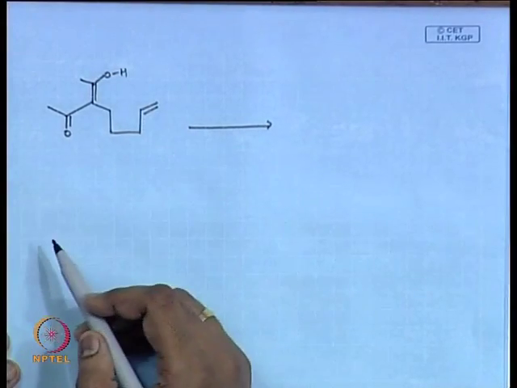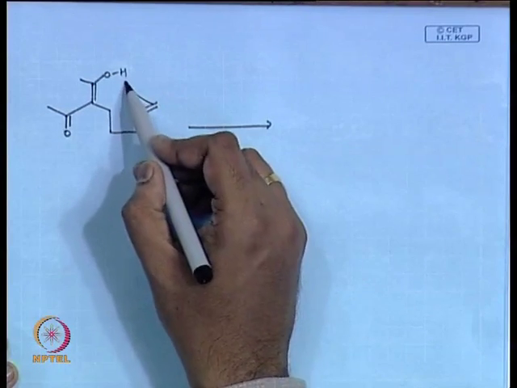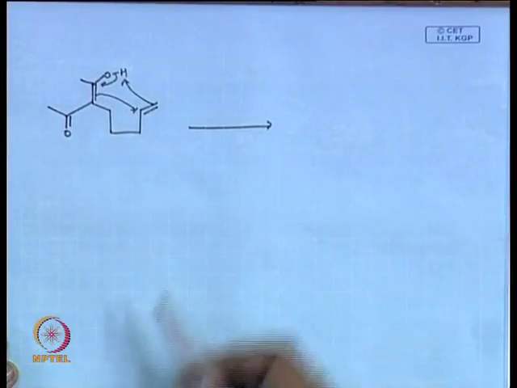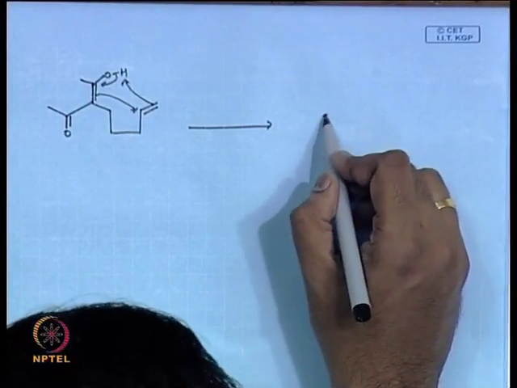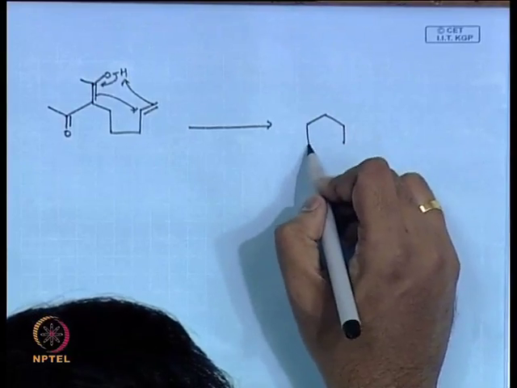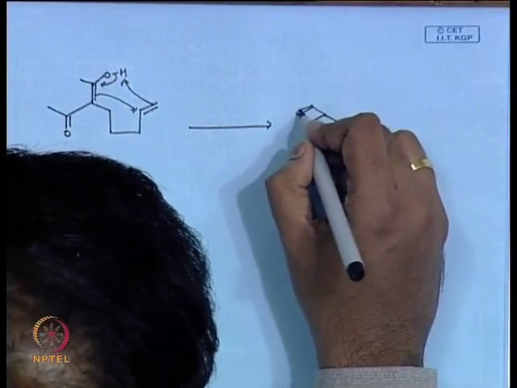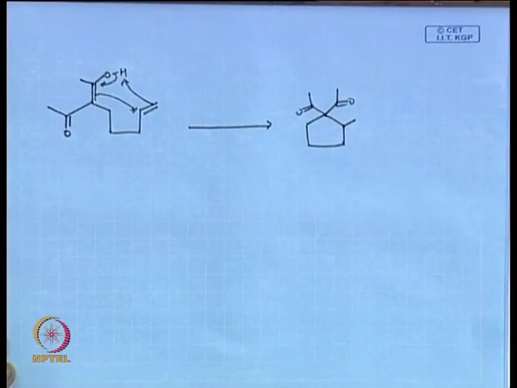So, I can take this. What product will we get? It is a nice 5 member ring, right? See, I get a very nice product with your ene reaction.